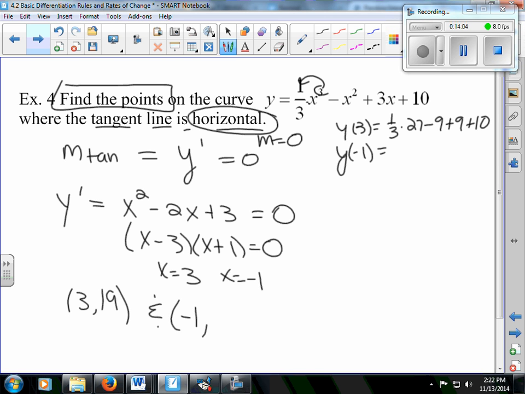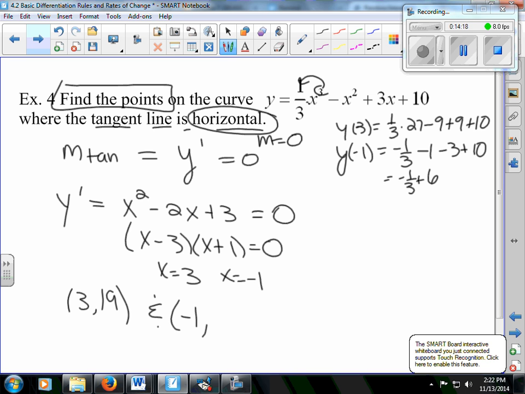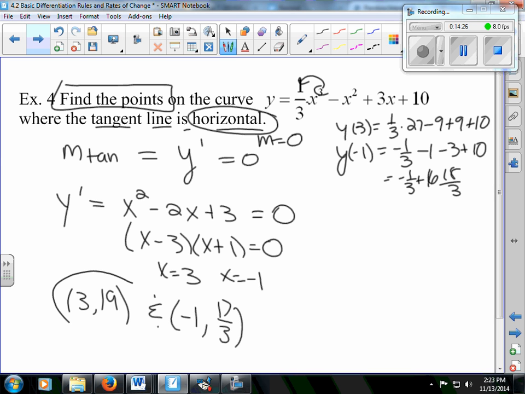So I get negative 1/3 minus 1 minus 3 plus 10. 10 minus 4 is 6. Negative 1/3 and 6. 6 is 18/3. That's 17/3.